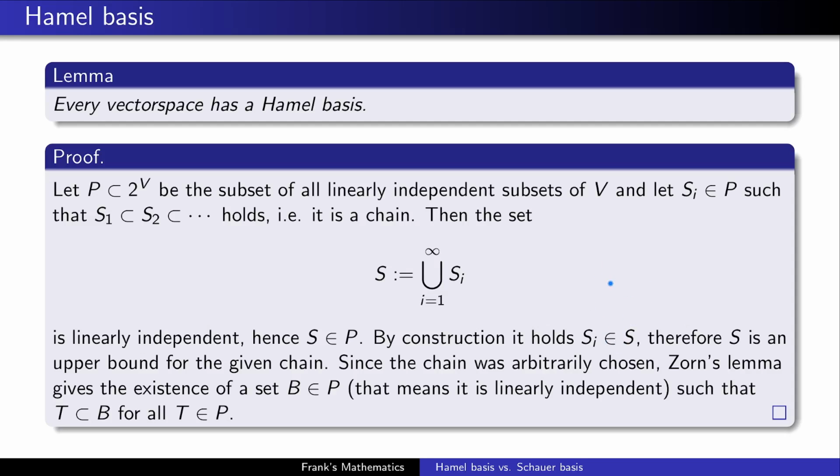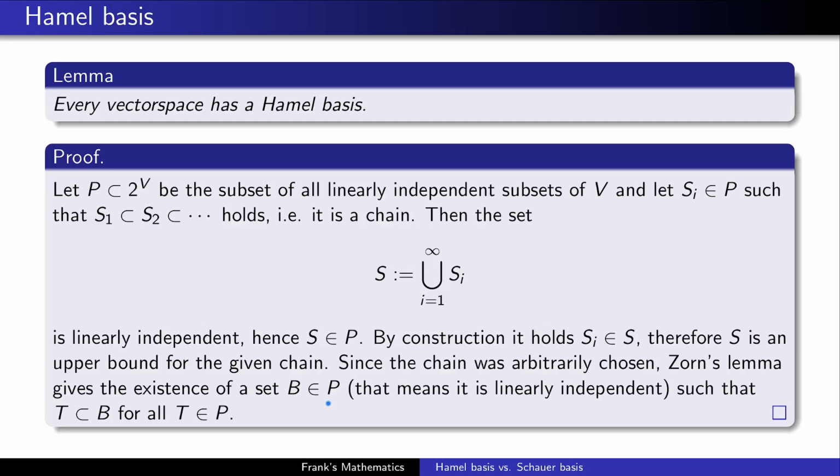This is a small mistake, I'm sorry. But therefore, S is an upper bound for the given chain with respect to the is contained in operator. And since our chain was arbitrarily chosen, Zorn's lemma now states there exists a maximal element, let's call it B, which is contained in our set P.